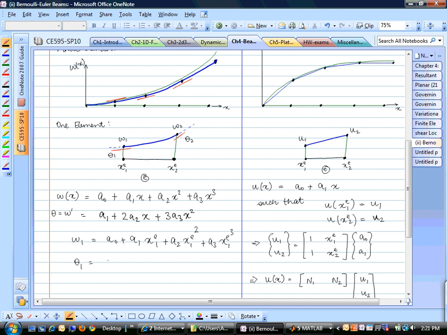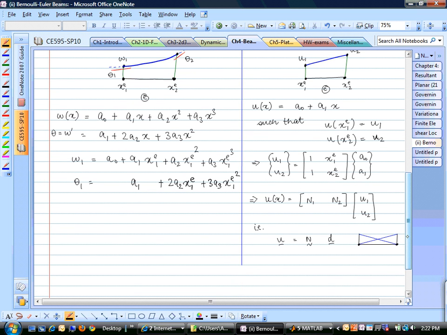So that's theta, and the second equation just becomes A1 plus 2 A2 x E1 plus 3 A3 x E1 square.